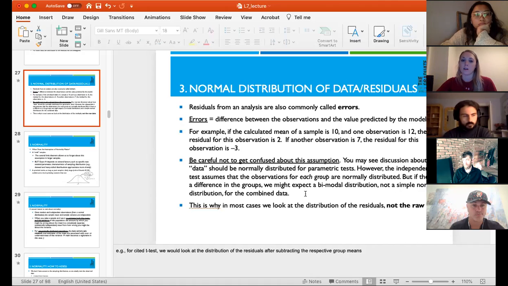So we always look at the distribution of the residuals, not the raw data, because often you have non-normally distributed raw data. Reaction time is actually a great example of this. Reaction time tends to be skewed. Does anyone know which way it's skewed? Think about reaction time in general.